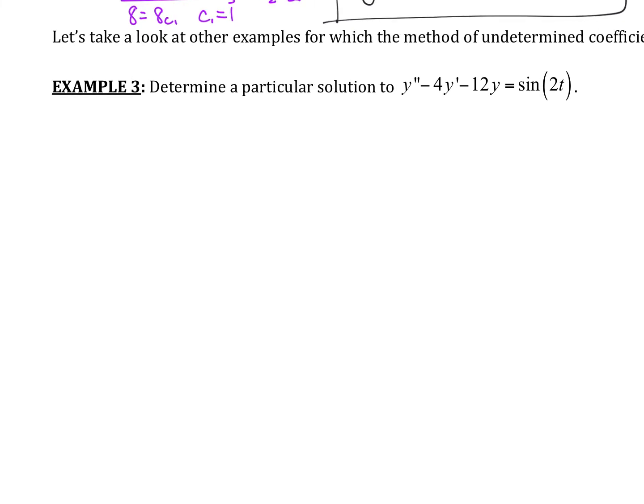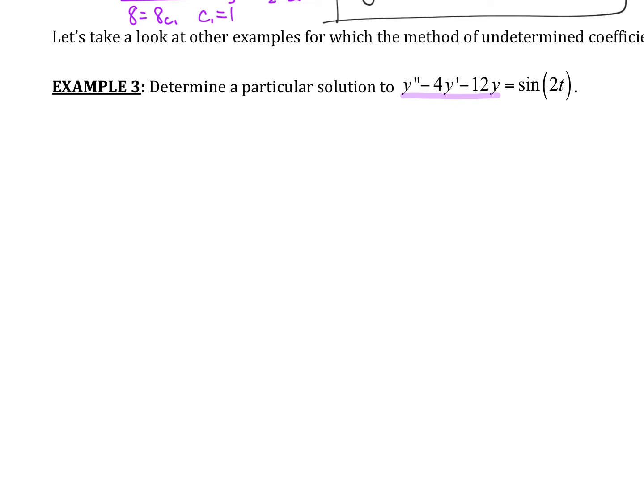Let's all of us find a complementary solution. But I want you to stop for just a second. Do you notice the beginning part of this equation? It's the same. Notice the difference here is just the g of t. So we already know the complementary solution because this part is the same as what we've done before.